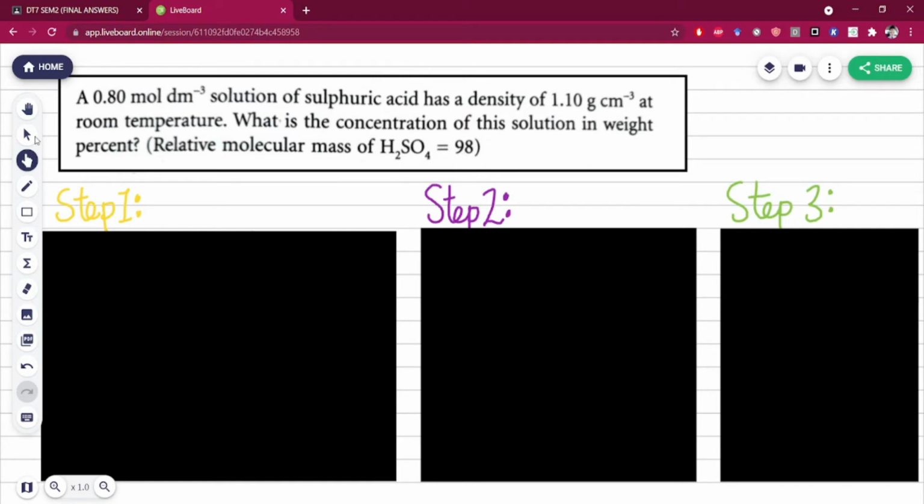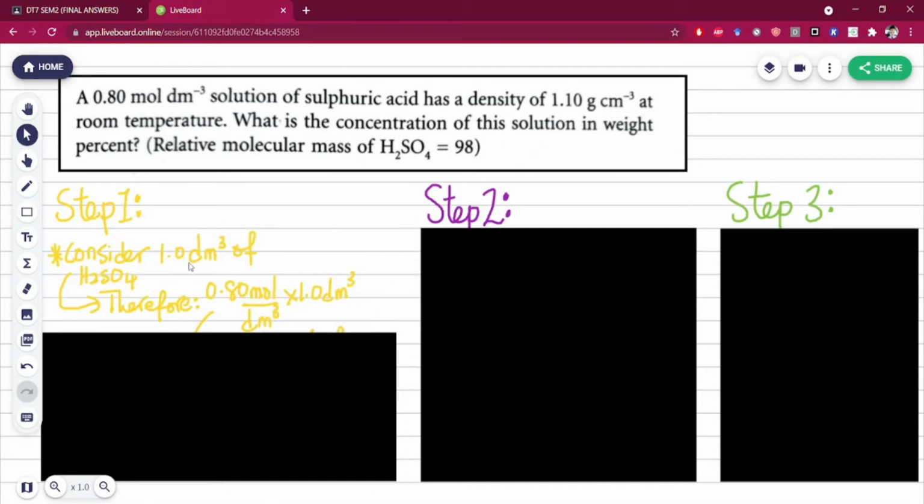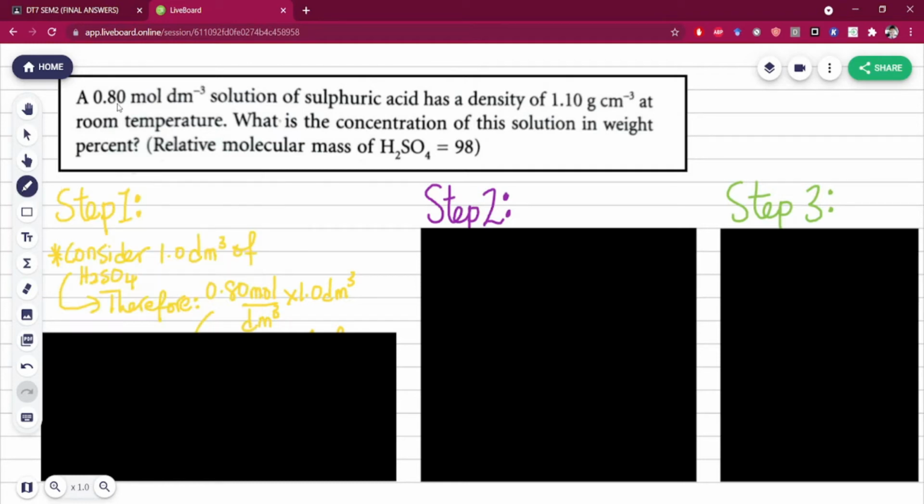To do this, we're going to start with step 1, which is to consider first 1 decimeter cubed of H2SO4. Why do we need to consider 1 decimeter cubed? Because you are given this information over here, 0.80 mole per decimeter cubed.